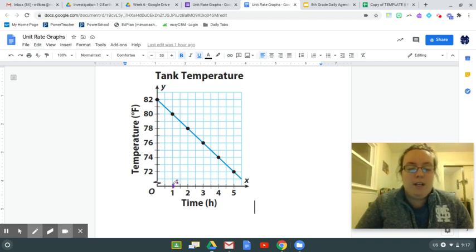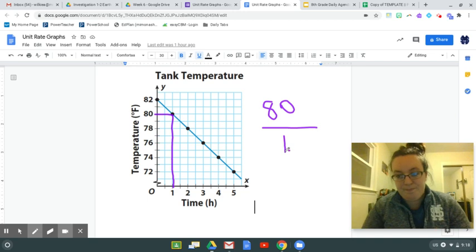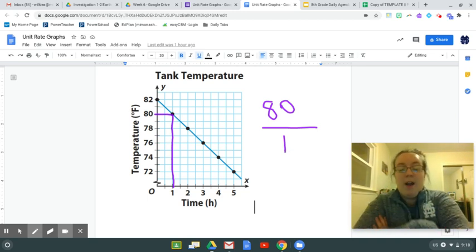Go up to our line and see where it hits our line. Boom, right at that dot. Go over to the left, and it's at 80. So our unit rate is 80 over 1.